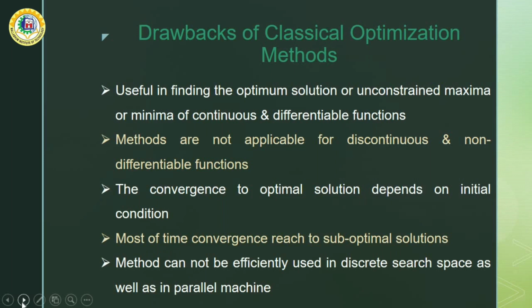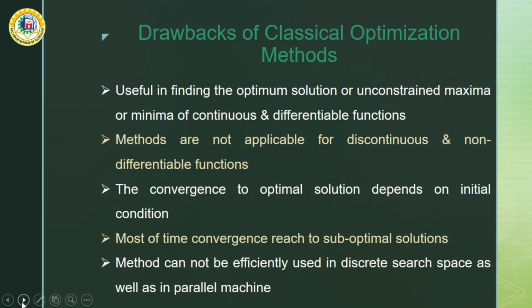Moreover, they are too complex to represent either in equation form or in continuous or differentiable form. So classical methods fail to solve this type of problem. Moreover, most of the time convergence leads to suboptimal solutions, and the convergence to optimal solutions depends on initial conditions. Classical optimization methods cannot be efficiently used in discrete search space as well as in parallel machines.